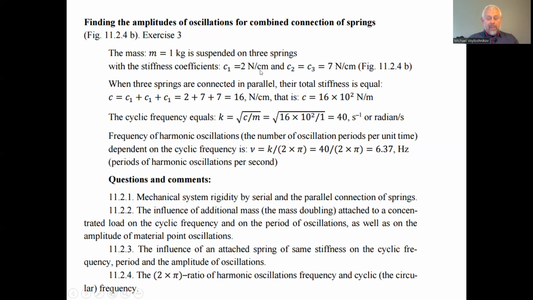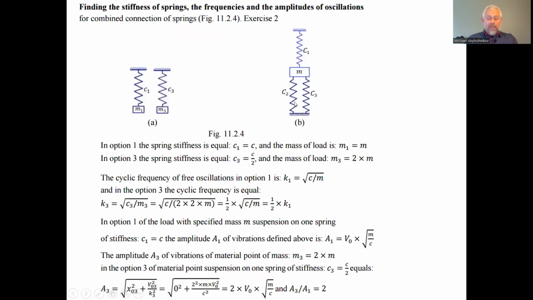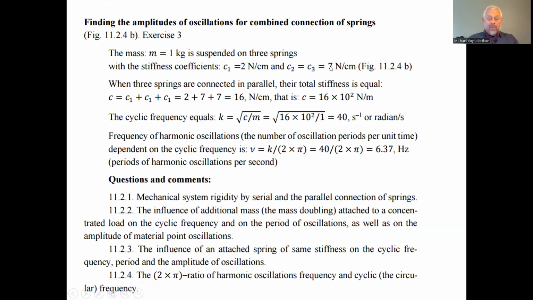Centimeter we can transform to meter, and the dimension becomes Newton per meter. And we have 2 other springs here on the scheme below, C2 and C3. The stiffness of each is equal to 7 Newton per centimeter, and they are equal.